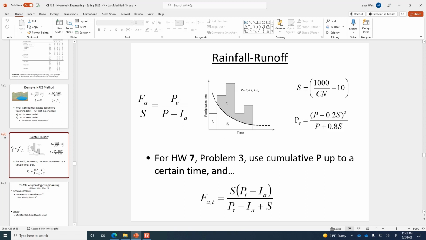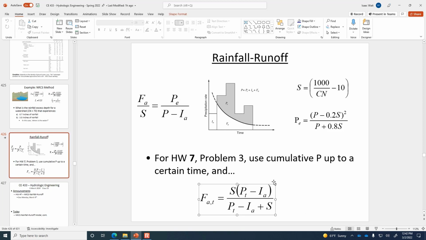So on the homework that I've just posted, assignment 7, there is a question on problem number 3. On that problem you can find out how much precipitation there's been up to a certain time, and use this method to predict how much infiltration there will be up to a certain time.